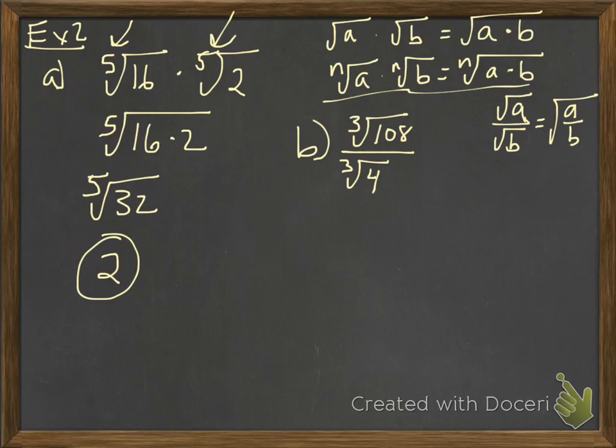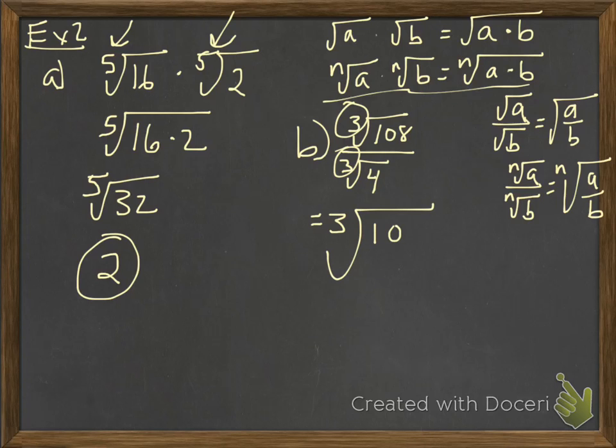So I can do that here: the nth root of a over the nth root of b is the nth root of the quotient a over b. Because I have a cube root over a cube root, I can take the cube root of the entire quotient 108 over 4. Now I think 4 goes into 108 27 times, so I have the cube root of 27, which turns out nicely because the cube root of 27 is just the number 3.